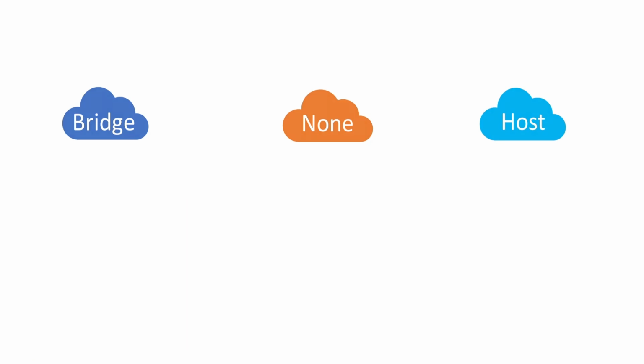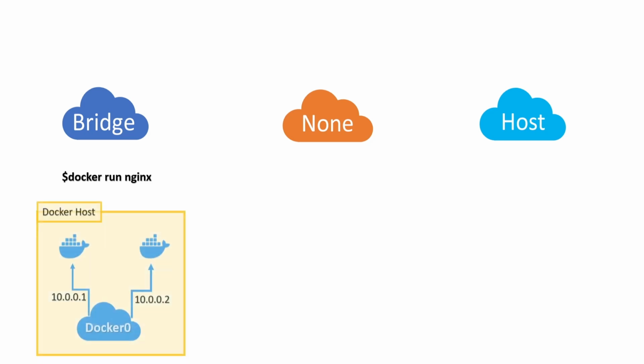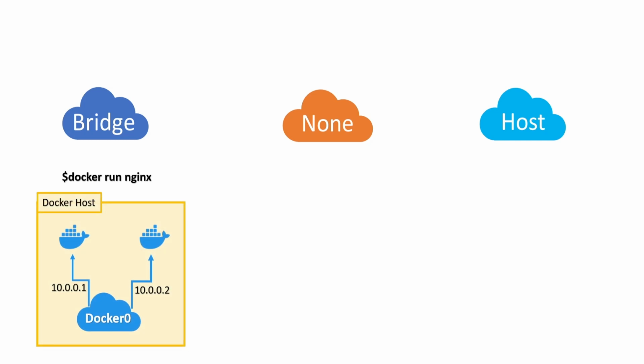Now let's see the different types of Docker networking. First we will see these three networking types: bridge network, none network, and host network. We'll see each in detail in further slides. Let's first see the bridge network and its architecture. Whenever you install Docker, Docker will create one bridge network by itself, which is docker0. This is the bridge driver.